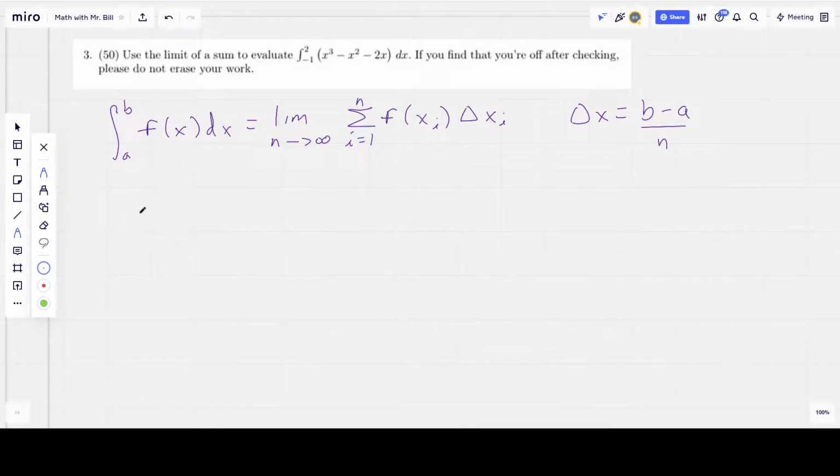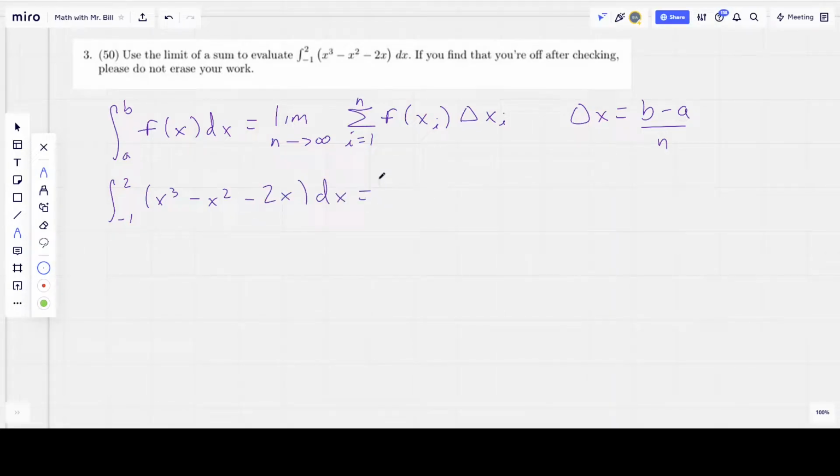So let's fill in our numbers and take a look at what we're going to need to find this limit. We're going from -1 to 2 of x cubed minus x squared minus 2x dx.